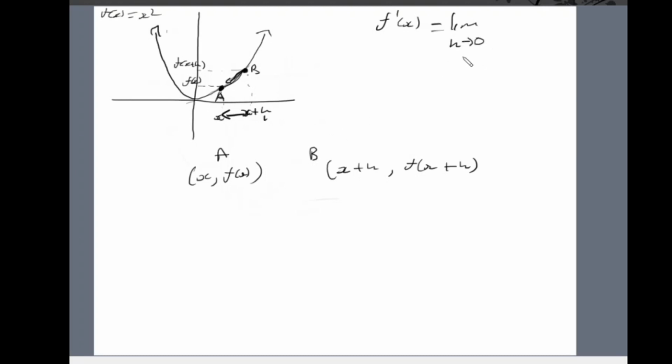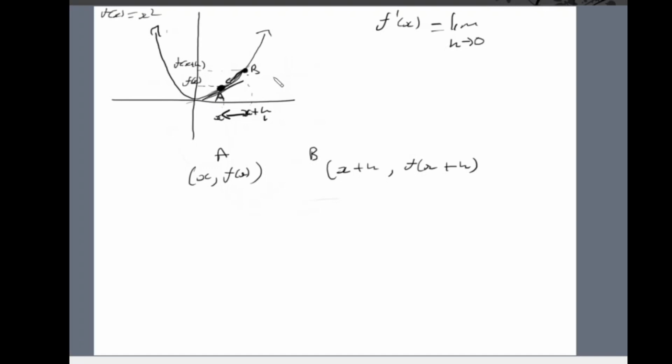When you make h small enough, you get a better estimate of the gradient of the curve at point A, which will be the gradient of the tangent passing through that point.